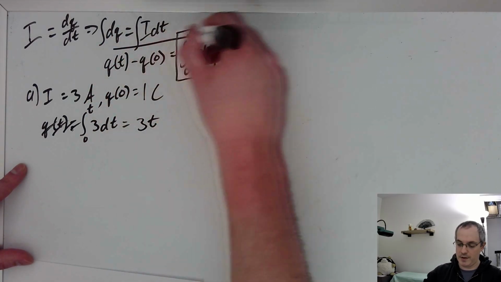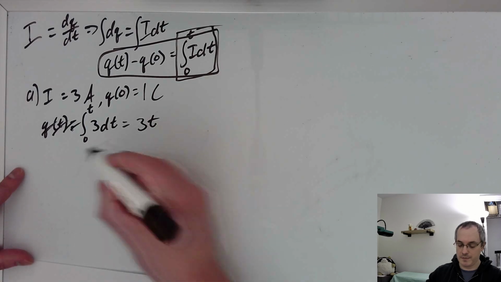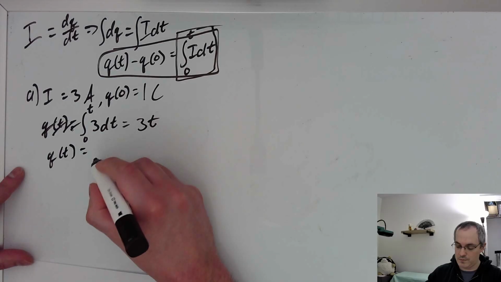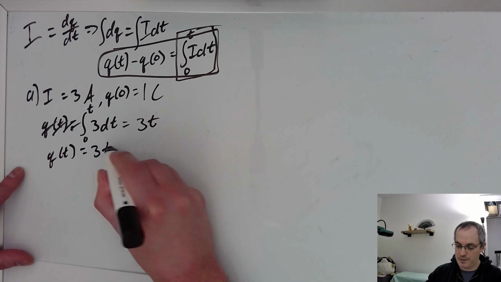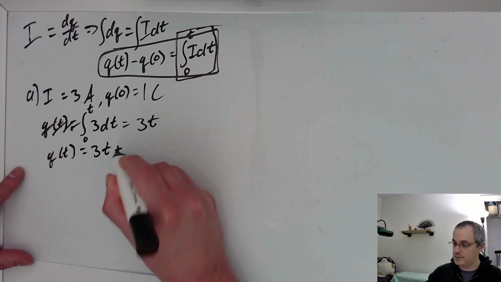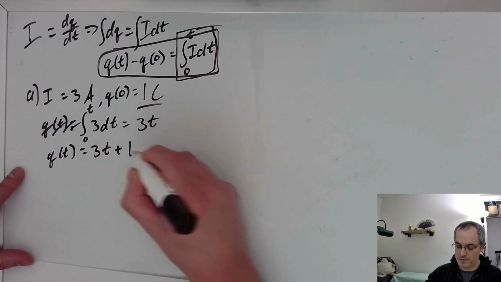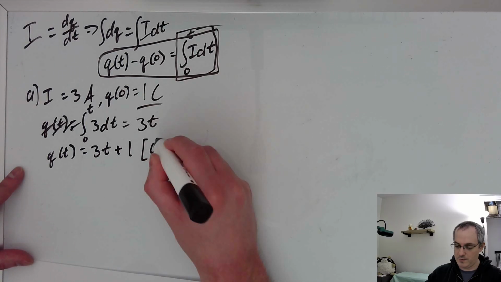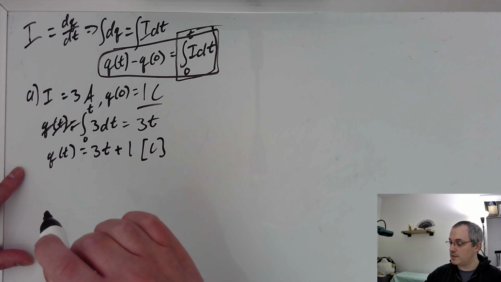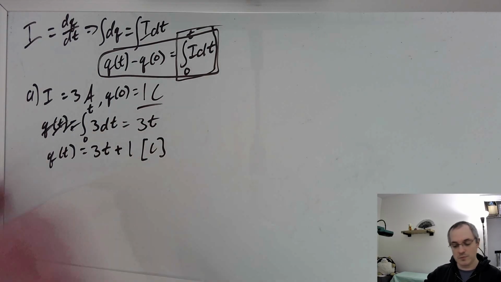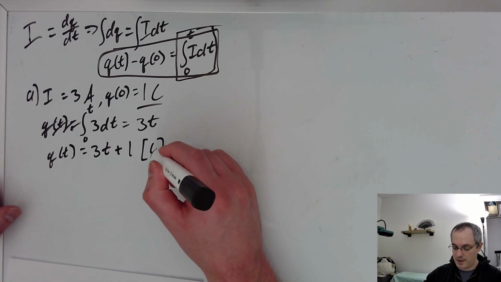Then applying our little formula there, we will have q at t is equal to 3t plus the value of q at 0, which was 1. And that is coulombs. So the current was in amps, and the charge was in coulombs, and so that's all squared away.